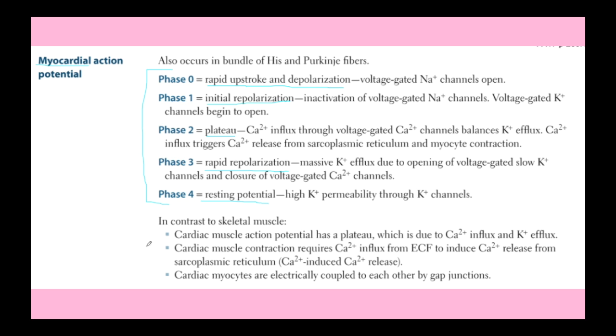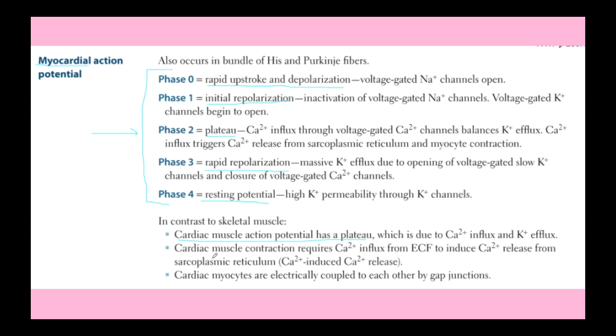Something special about cardiac muscle compared to all the other muscles in our body is that this plateau phase is unique to cardiac muscle, which we'll talk about further later.